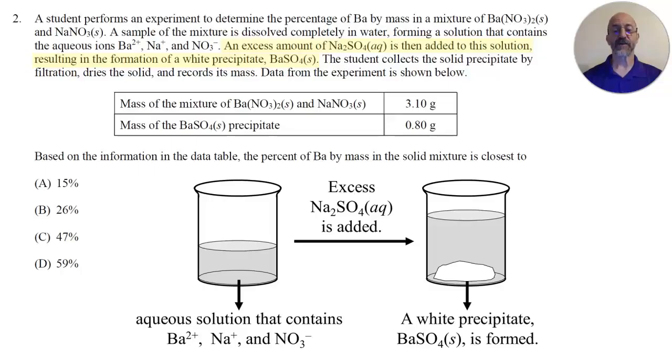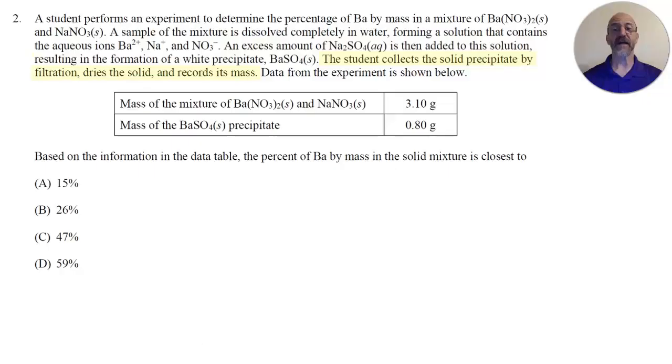So as you can see, there's a white precipitate of solid barium sulfate that is formed in this experiment. Now, the student collects the solid precipitate by filtration, dries the solid, and records its mass. Data from the experiment is shown below.